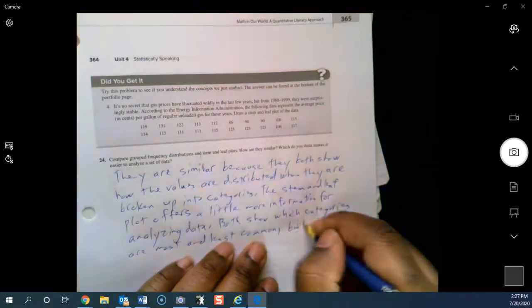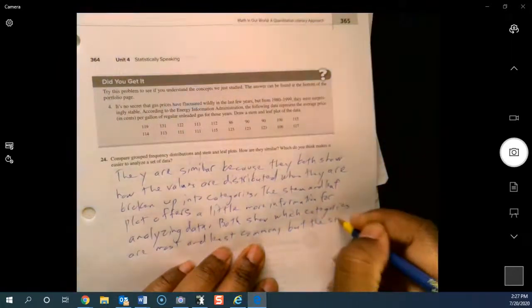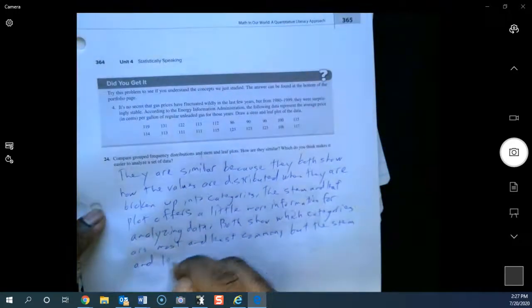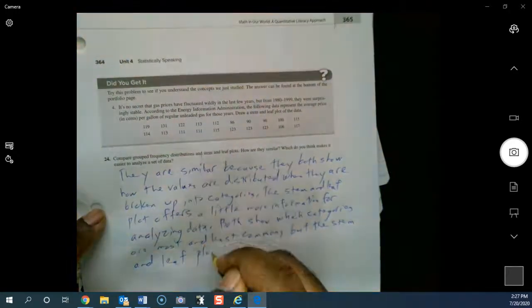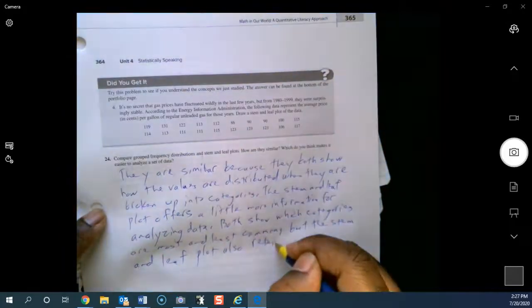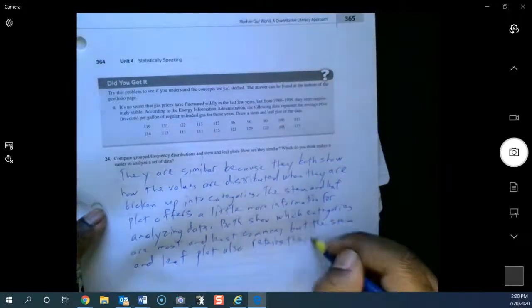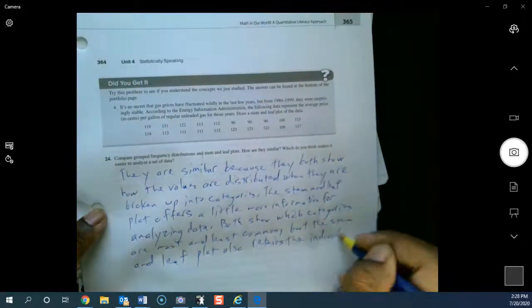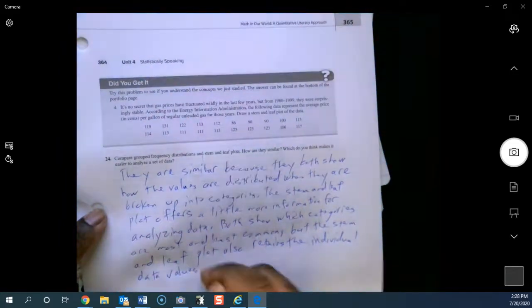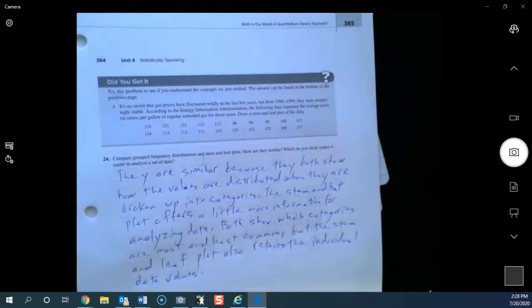But the stem and leaf plot also retains the individual data values. So you can see every last data value with the stem and leaf plot.